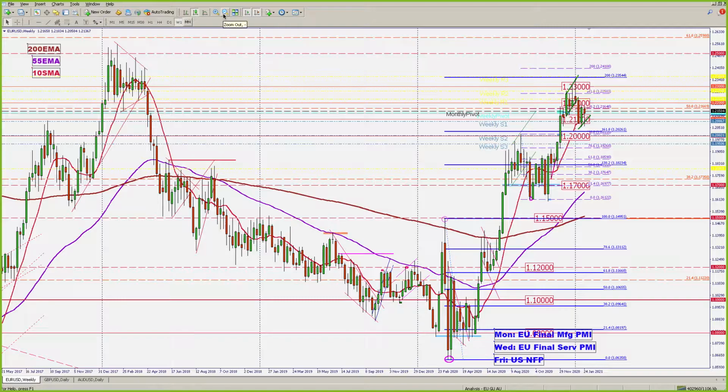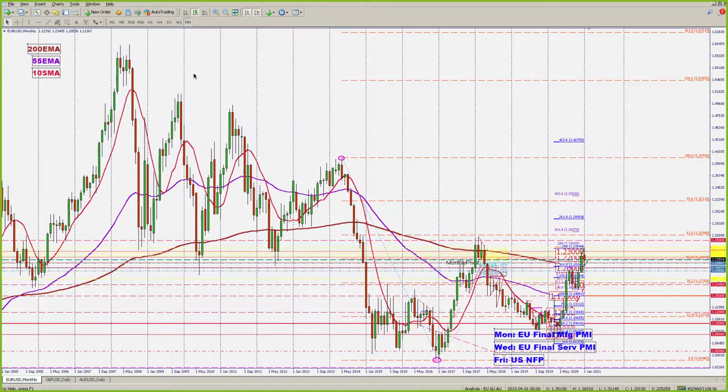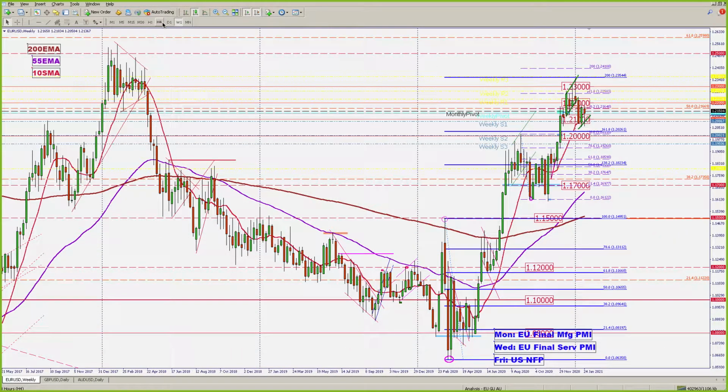This was all the way back from 2014, and back to the retracement of the 50% fib, and it's also at the 138 fib extension of this reversal move.